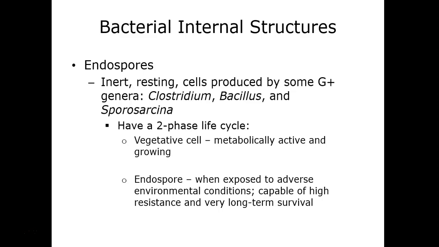And they surround themselves with this protein coat, which is a material called keratin. It's the same tough material that we find not only in human skin, but our nails as well. So they surround themselves in this keratin coat, and they can stay like that until the stressor has been removed, and then they're able to return to that vegetative state.